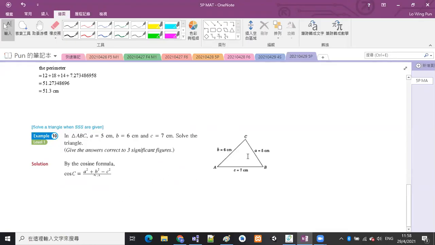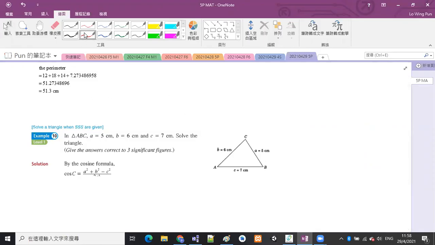Okay, and now we have three sides. We know three sides. So the three pieces of information cannot form any one pair of corresponding length and angle. So we cannot use the sine formula, and we have to use the cosine formula. And this time we need to find an angle, okay?